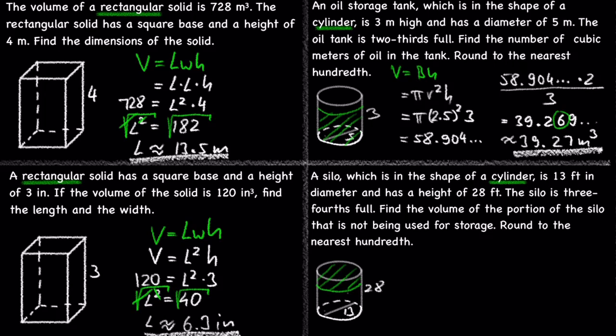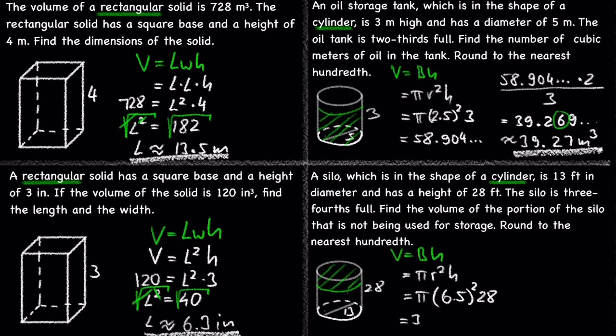Again, the volume is the base times the height, which is pi r squared times h. The radius is half of 13, which is 6.5. And the height is 28.